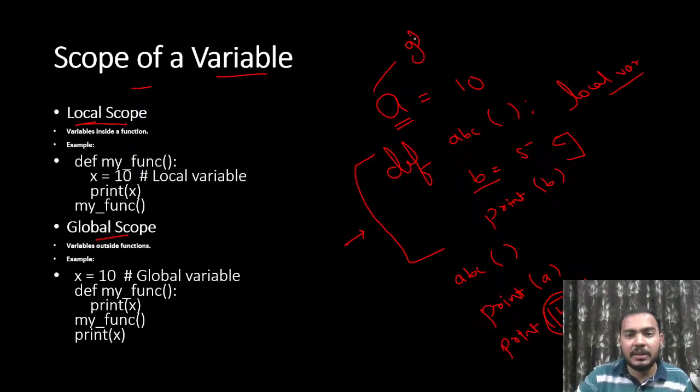So it can be assumed as a global variable that can be used either inside the function or outside the function, but only after its declaration. Which means this a can be used after its declaration either inside or outside the function. So it is a global variable that can be used in the entire program space.